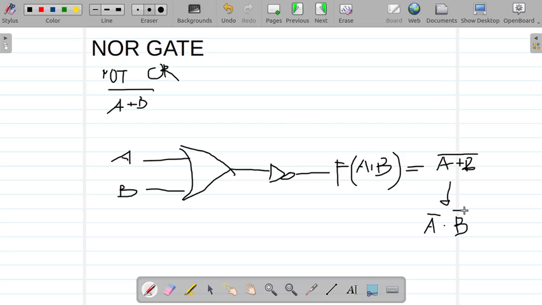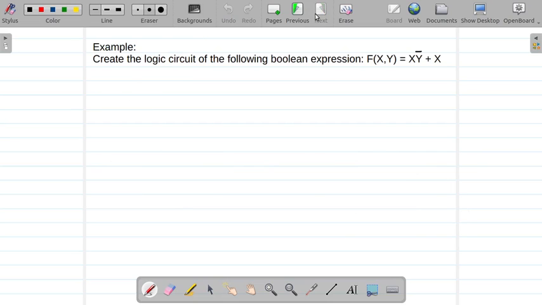Then next, for example, create the logic diagram of the following boolean expression: F of x and y is equals to x complement y plus x. You can create it with just two variables, x and y. The first thing to do is multiply x and the complement of y. But y is inverted, so first, pass it through a NOT gate.